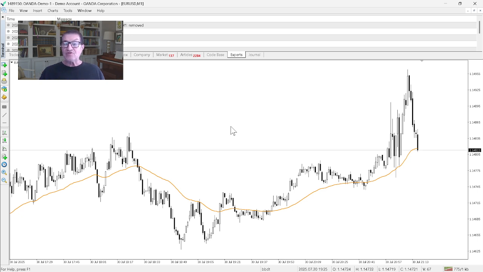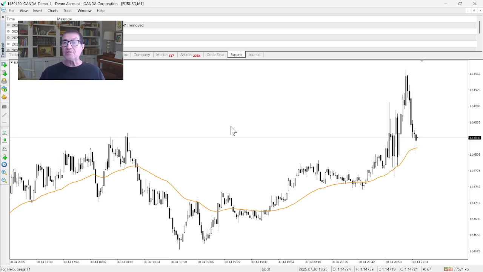The moving average will curl up, will curl down, will curl sideways on its own based on price data, not just on the current bar, which is the live bar, but on the prior bars. So while the moving average is considered a lagging indicator, which is partially true, it is, however, a dynamic indicator.